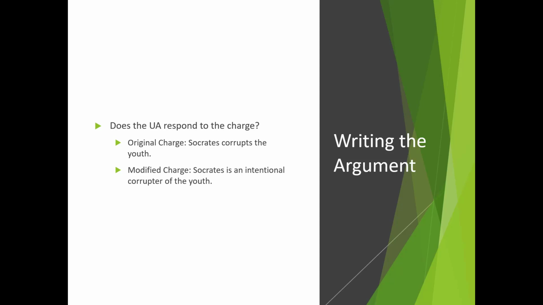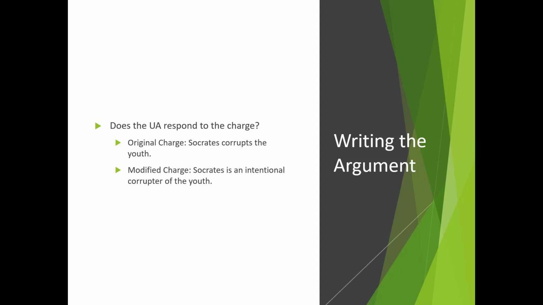Now in the case of the modified charge, it all depends on your position on the unintentional argument itself. The conclusion of the unintentional argument is Socrates either did not corrupt, or if he did, he corrupted unintentionally. So if it does succeed, if the premises are plausible and the reasoning is good, then he does plausibly refute the charge that he's an intentional corrupter.